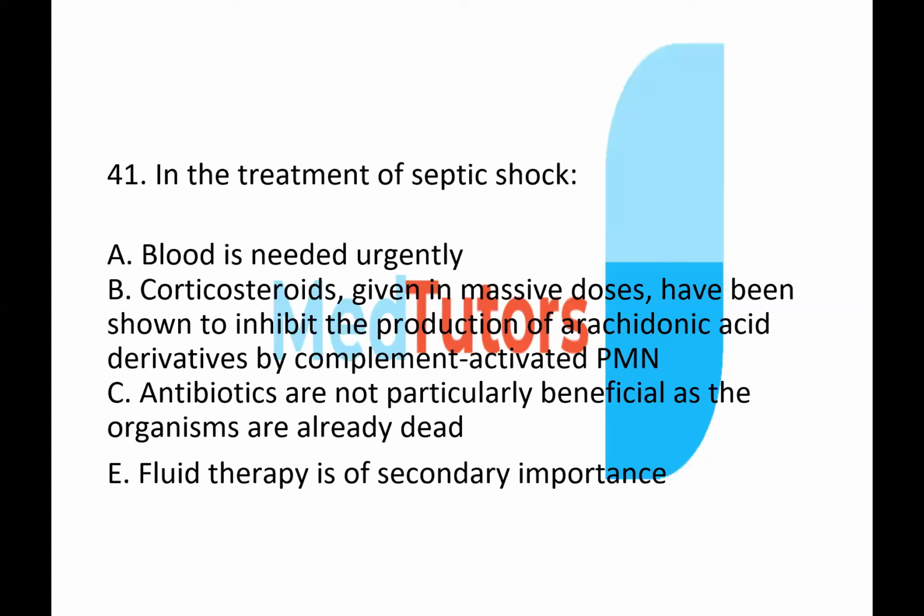So that is the more likely among all these options. Even though the use of steroids is controversial, some texts will say they have not been proven. But comparing to all other options, this is the more appropriate, B.